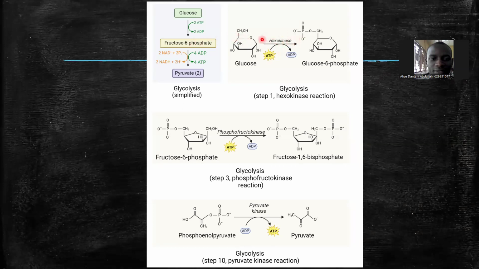So this reaction is irreversible. This enzyme is a regulatory point, but the most important regulatory enzyme that catalyzes the rate limiting step of glycolysis is phosphofructokinase. Okay, and the last regulatory checkpoint is the reaction catalyzed by pyruvate kinase, the last reaction of the glycolytic pathway, the conversion of phosphoenolpyruvate to pyruvate. All right.